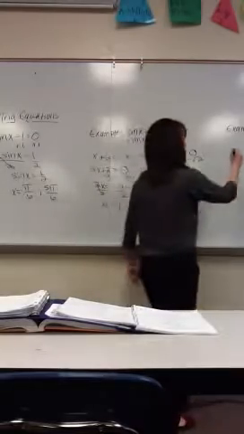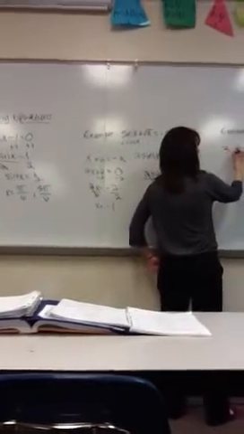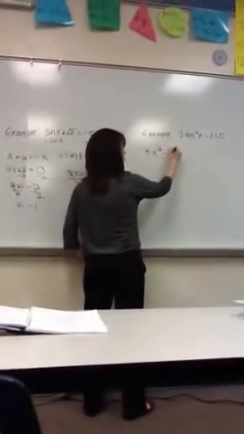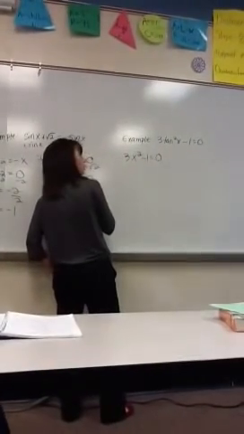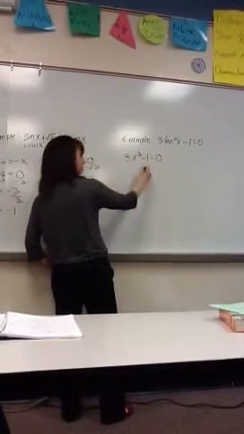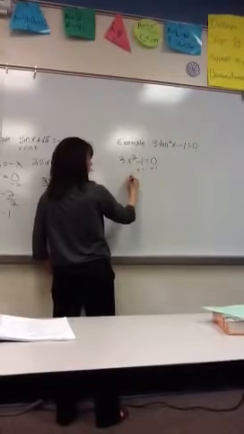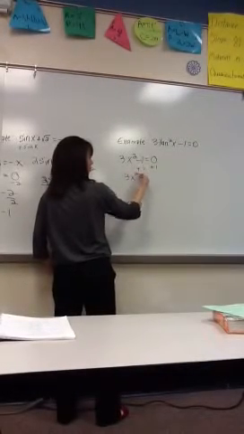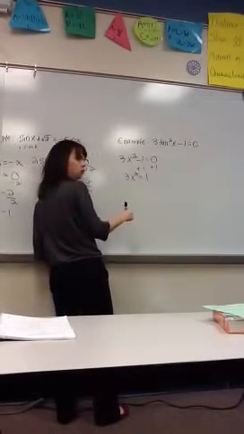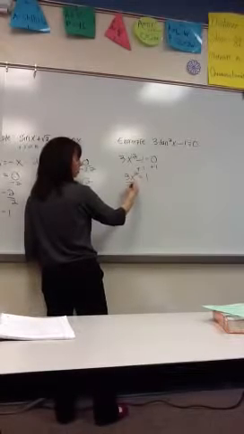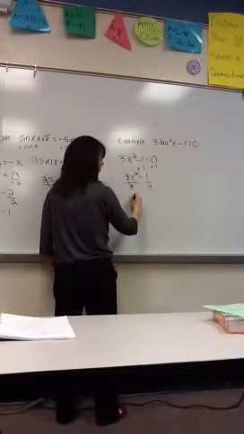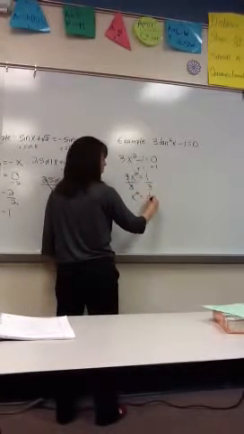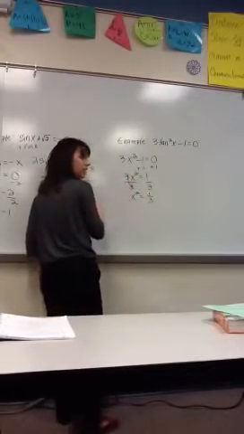I am going to compare this to 3x squared minus 1 is equal to 0. What do you do first? Add 1. So 3x squared is equal to 1. And then, of course, the next thing you would do is divide by 3. So x squared is equal to 1/3. What's the next thing I do?